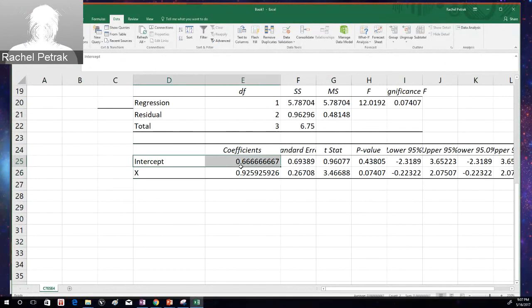The intercept is listed first in the coefficients column, and right below it, the slope for the predictor variable. And Excel will put whatever label you have as the label for the variable, because it thinks you know that this is the coefficient for X, the predictor. Remember, X is always a predictor, Y is, by convention, the outcome.